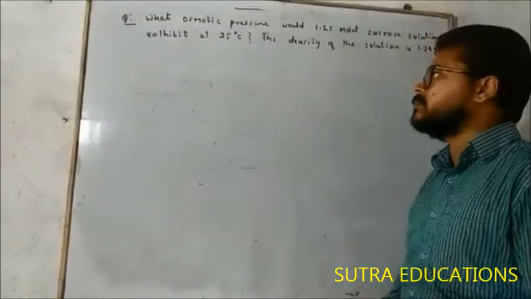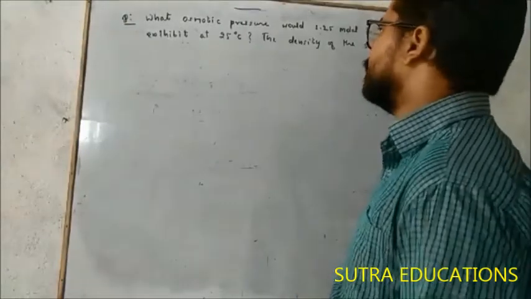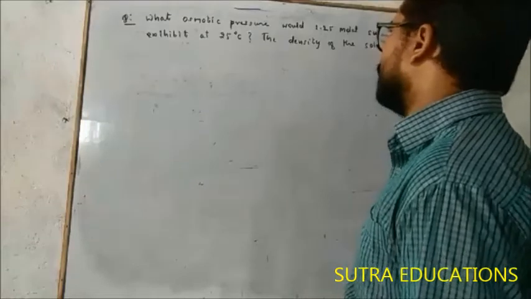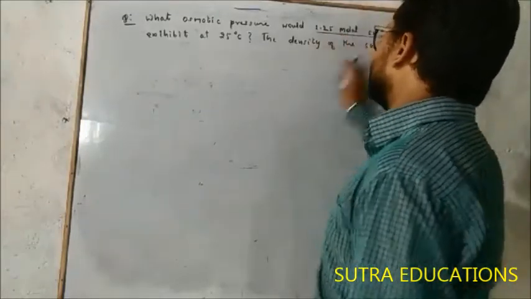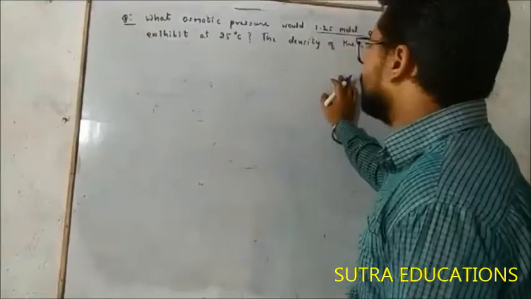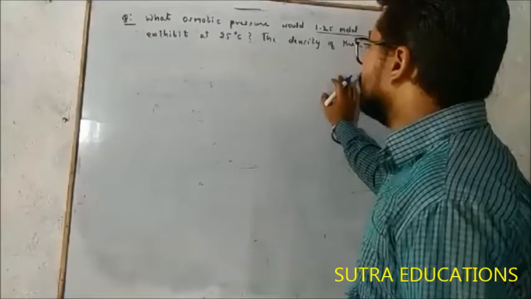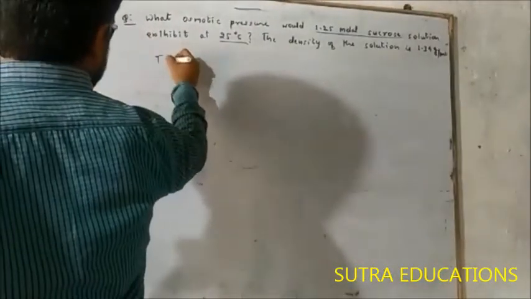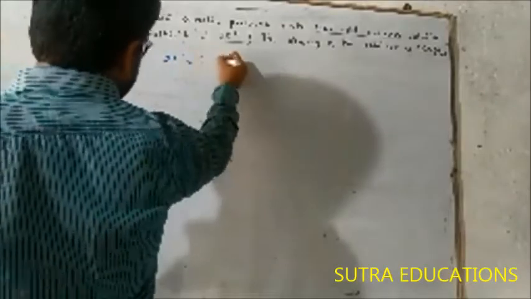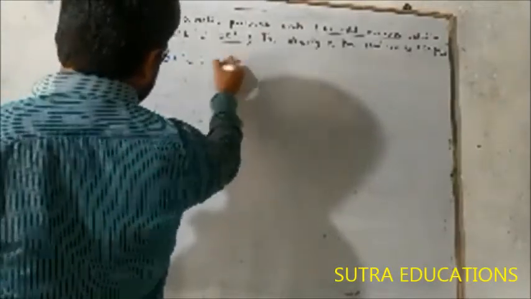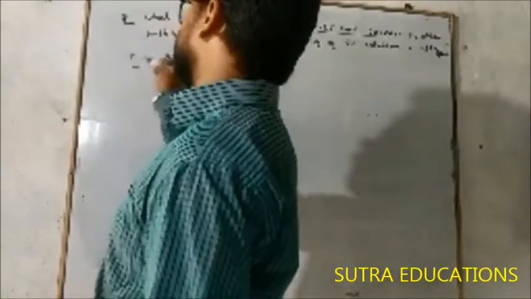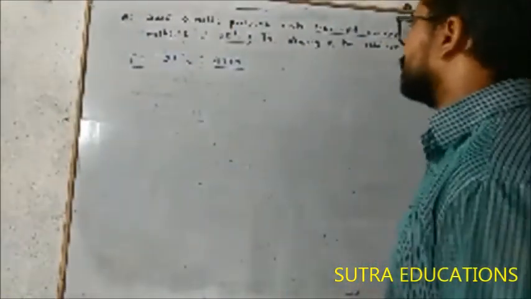Getting this? This time we have to calculate osmotic pressure of 1.25 molar sucrose. So what to do? 25 degrees Celsius means 298 Kelvin. So temperature we know. We have to calculate osmotic pressure.